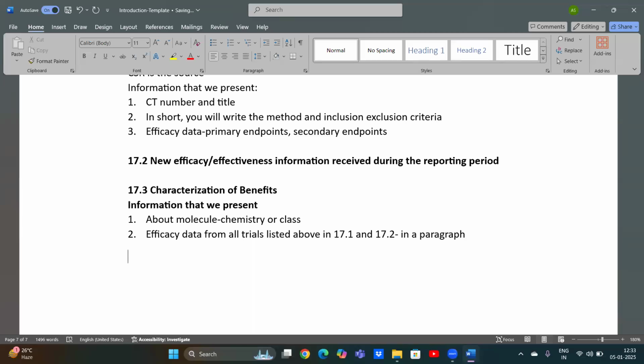But if you are interviewing for a generic company, they would expect you to write this section. So you should know which company you are applying to. If it is an innovator company, you can say it is written by the medical affairs or clinical trials team, because they do the same thing. If it is for a generic molecule, then you can explain how you present this information.